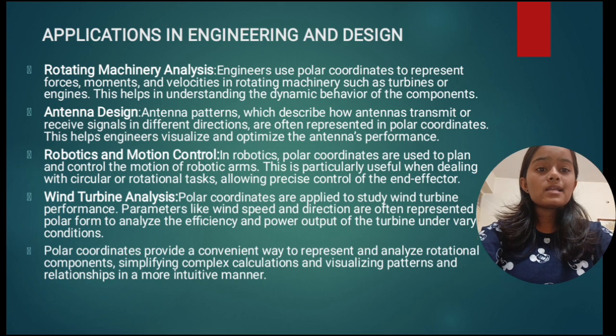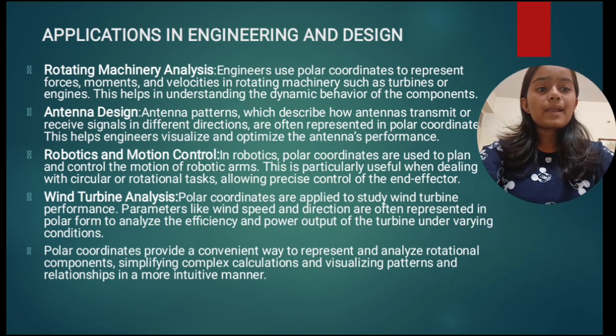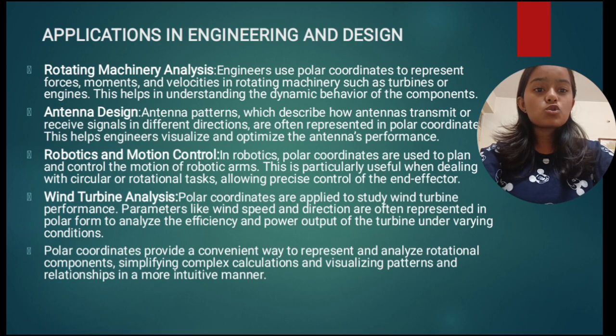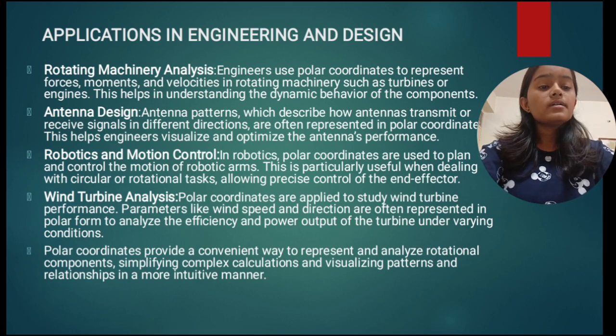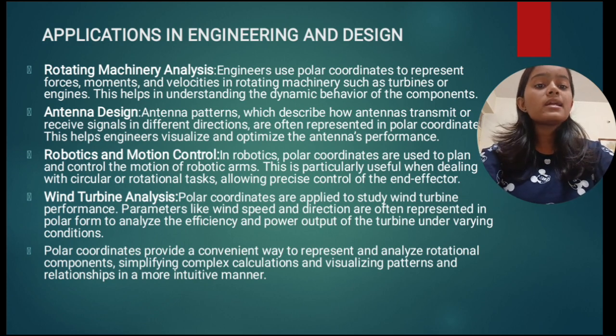Wind turbine analysis. Polar coordinates are applied to study wind turbine performance. Parameters like wind speed and direction are often represented in polar form to analyze the efficiency and power output of the turbine under varying conditions. Polar coordinates provide a convenient way to represent and analyze rotational components, simplifying complex calculations and visualizing patterns and relationships in a more intuitive manner.